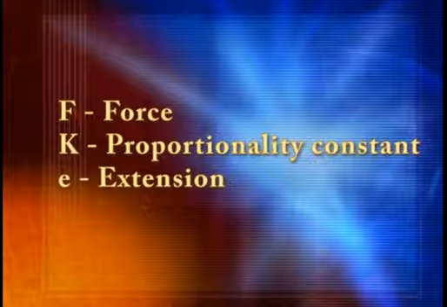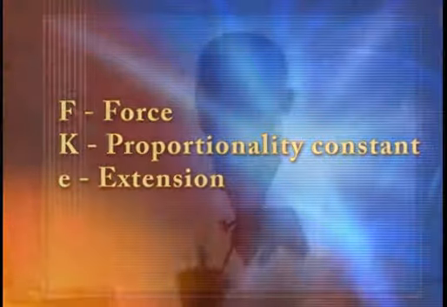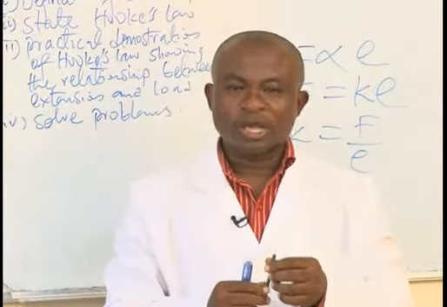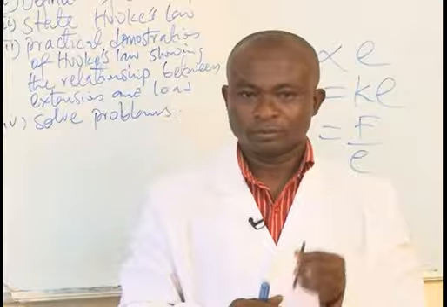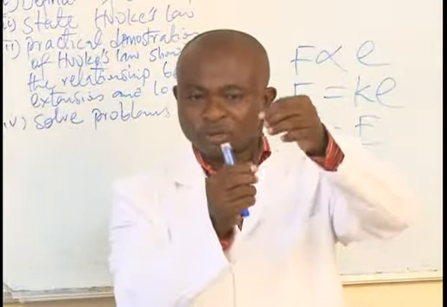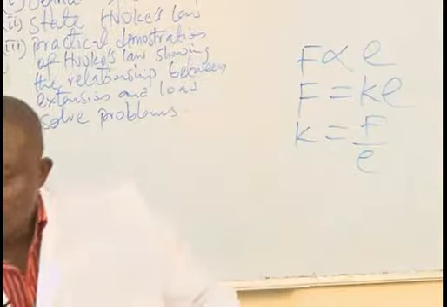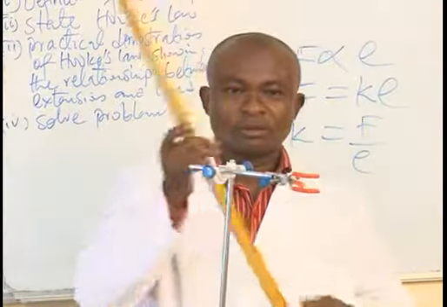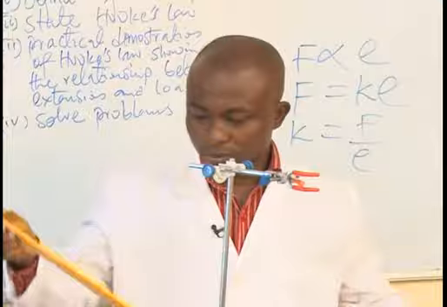Before we go into further calculation on Hooke's law, I would like to explain to you the relationship between force and extension. This is what we call elastic spring. This is the retort stand. And this is the meter rule.